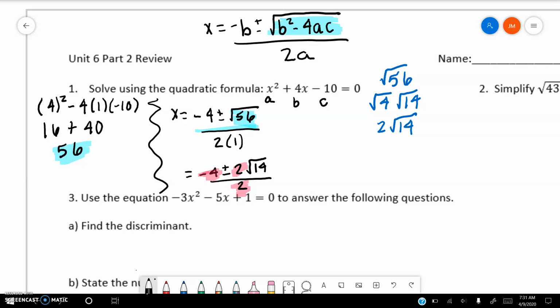So you could completely simplify this and say that your answer is negative 2 plus and minus 1 square root 14 over 1. But I am perfectly okay if you leave your answer like this. Okay? And notice how we did not simplify underneath the square root. That 14 is going to stay 14. So that is how you would solve for number 1.